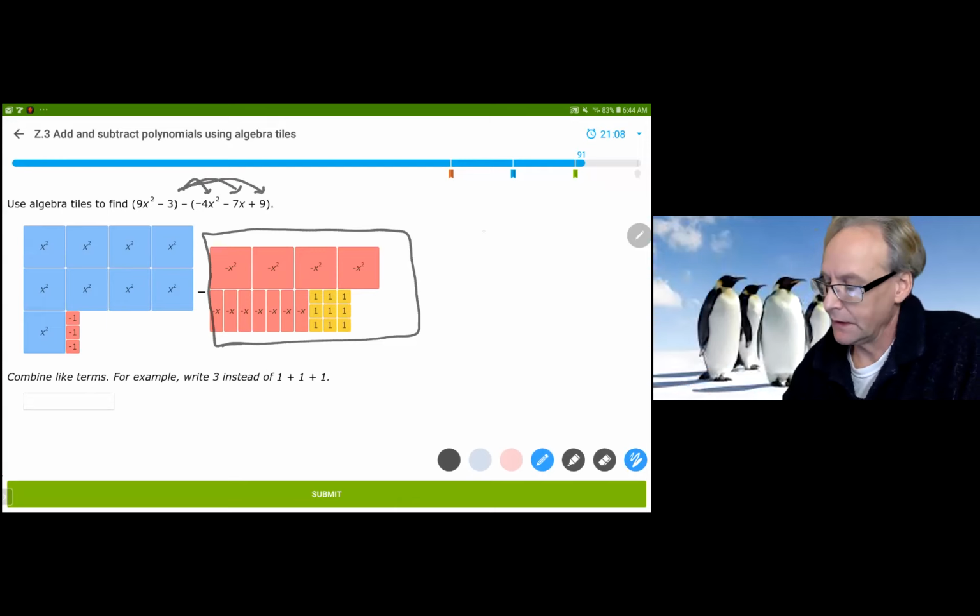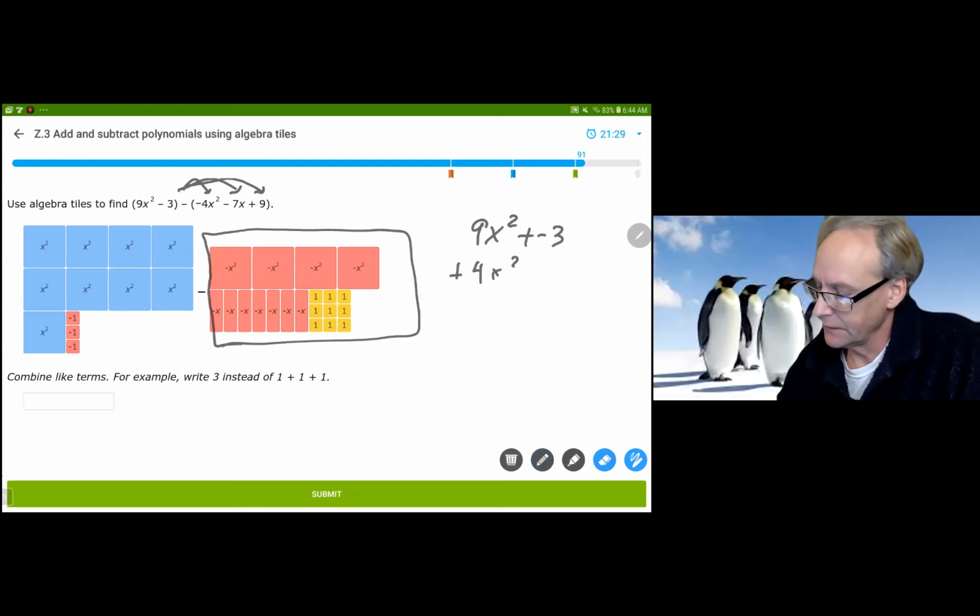So we've got 9x squared minus 3. That's the same as plus a negative 3, by the way. That's why we can write it that way. We now have a positive 4x squared, because I distributed the negative. Sorry, that x is kind of funky looking there.